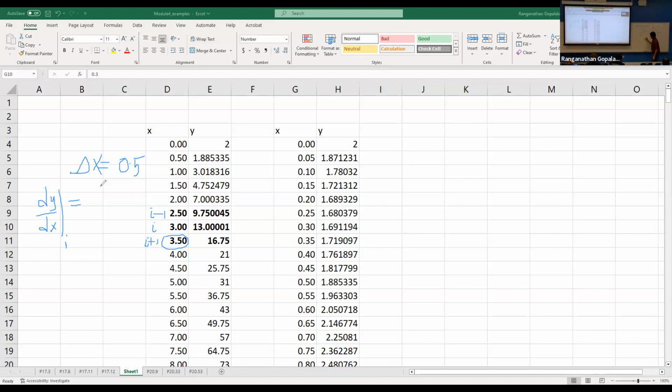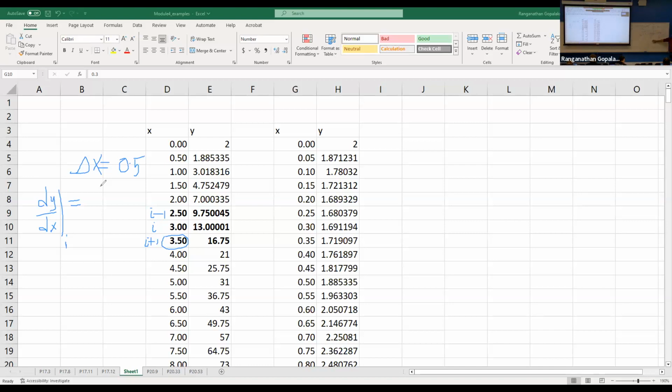So this is written as yi plus dy by dx at i multiplied by delta x plus d squared y by dx squared at i multiplied by delta x squared over 2 factorial and so on up to infinity. How do I know this? I memorized it. And you should too, unless you want to actually spend a lot of time learning the roots of Taylor series.